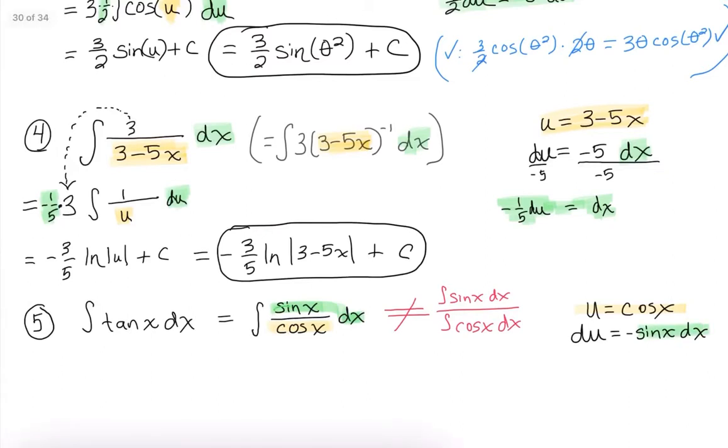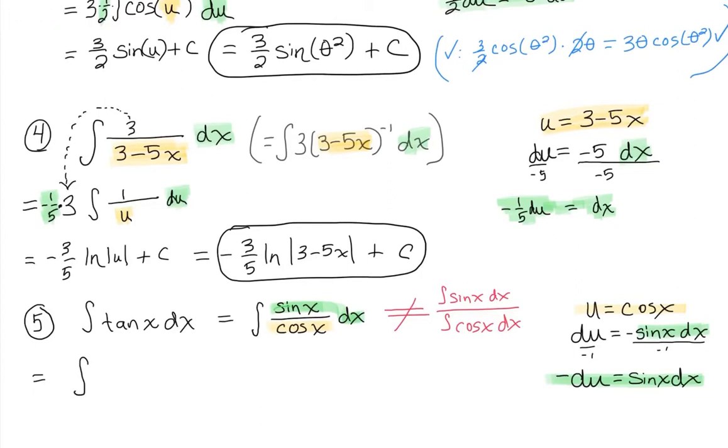So the only thing I really need to do is simply divide by this little negative, and so I have negative du equals our sine x dx. So hopefully we're getting more comfortable with this idea of isolating for anything that's left in the integral that's in terms of x.